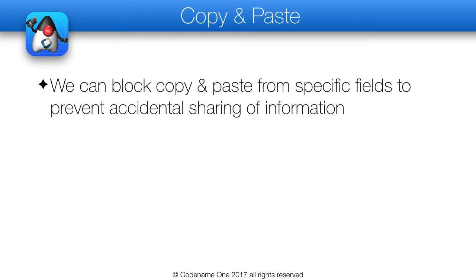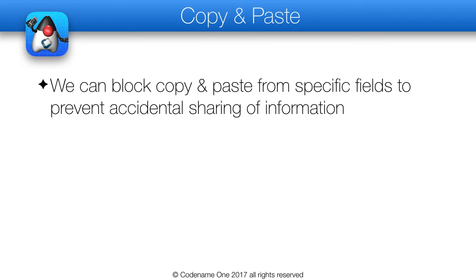Copy and paste is a common vector of attack for spyware. If you have a malicious app in your device, one of the first things it might do is peek into the clipboard to see if you have proprietary information there.